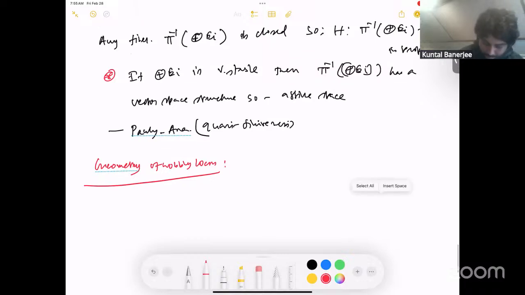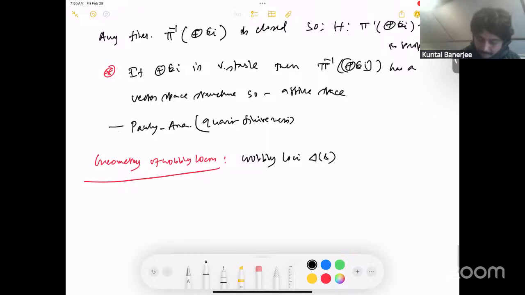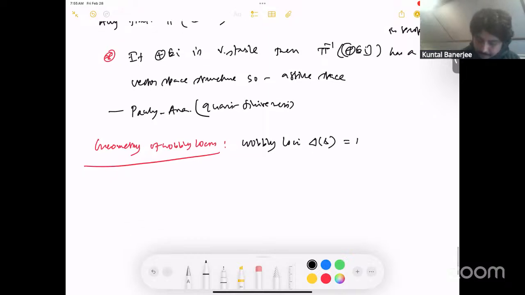In the wobbly locus, you can obtain at least two points in the same component, or at least 3, up to at least h. We'll call them standard wobbly loci, that is delta S. It is actually the image of a morphism.